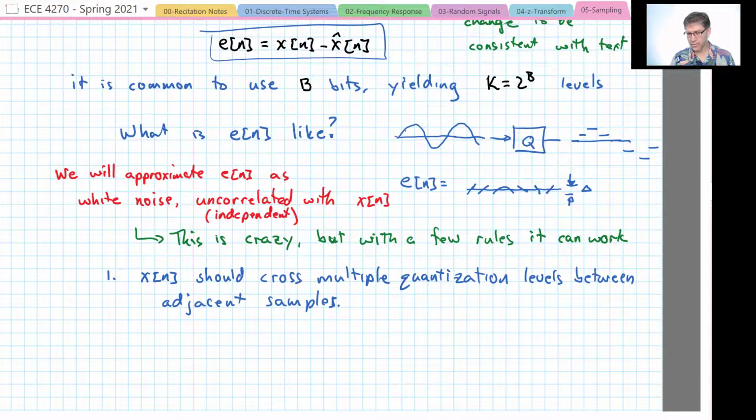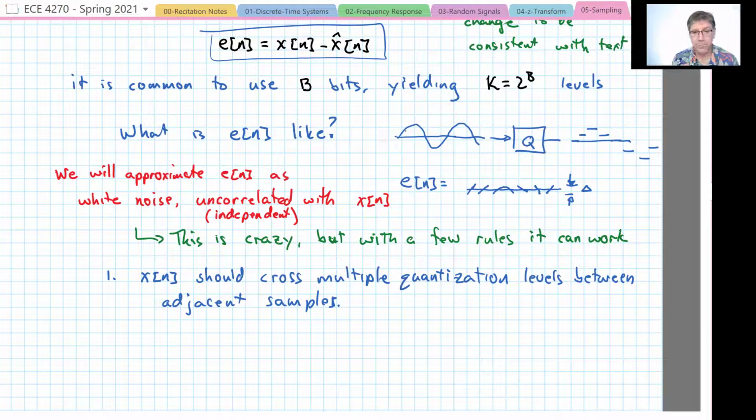But if we were to have so many quantization levels, or the signal's large enough or moving fast enough relative to these quantization levels that it's going to land several quantization levels away, it'll be hard to predict exactly where it's going to land. In other words, that effectively spreads out our error samples so that when the quantization occurs, they don't show very much correlation.